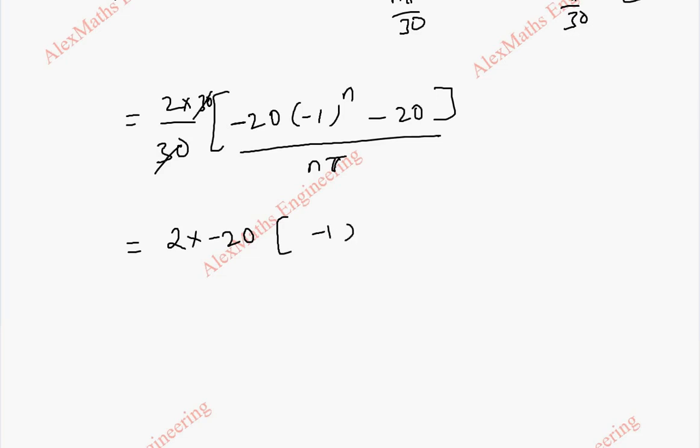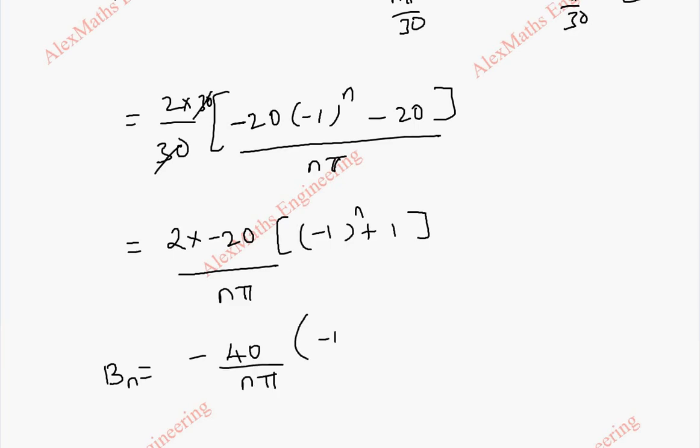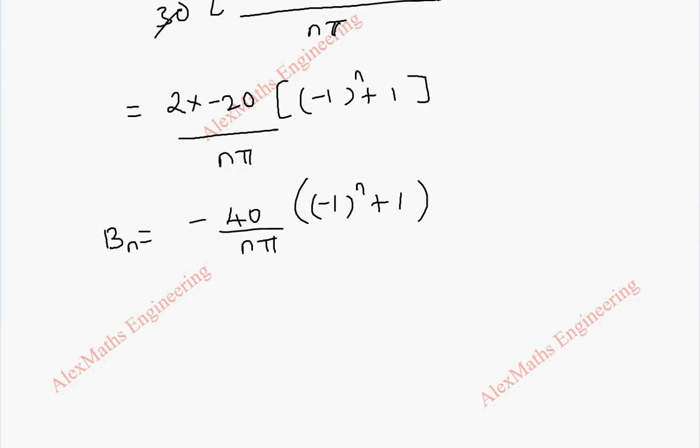After that we have minus 1 whole power n, then plus 1, because minus 20 we have taken common, divided by n pi. So this bn is minus 40 by n pi, and we have minus 1 whole power n plus 1. And here we can take two set of values. If n is odd, like 1, 3, 5, so minus 1 whole power 1 plus 1 becomes minus 1 plus 1, it becomes 0.